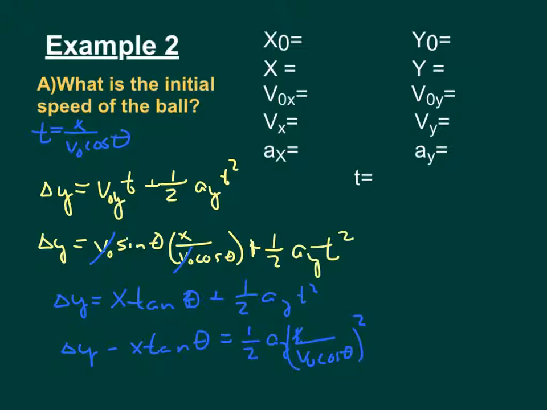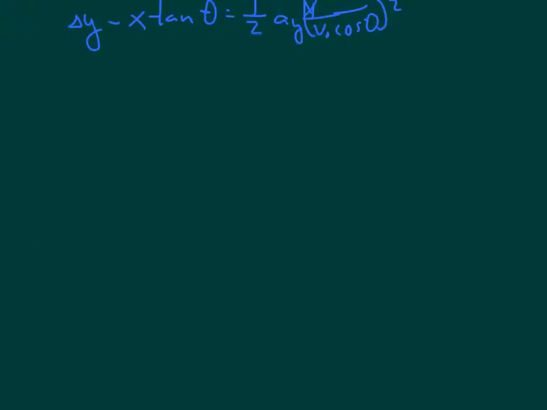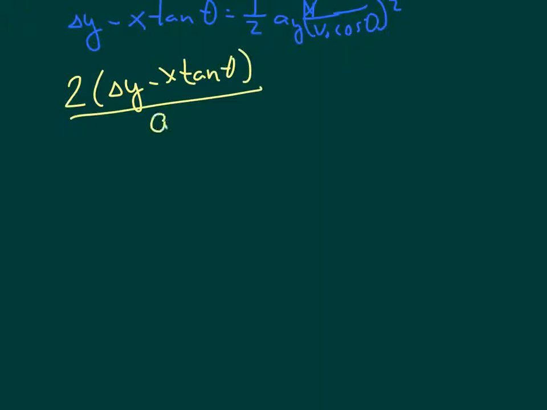And now we're going to pull up a new slide, which you don't need to necessarily do at home. Okay, so we're going to keep on working with this. Keep on keeping on. That's generally how it goes. So we'll say, now we have 2 times the quantity delta y minus x tangent theta over a y. So we're just getting rid of this part.